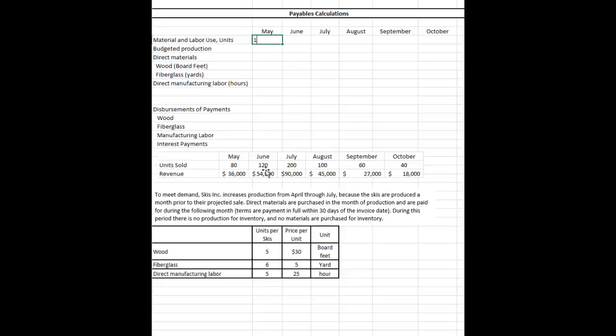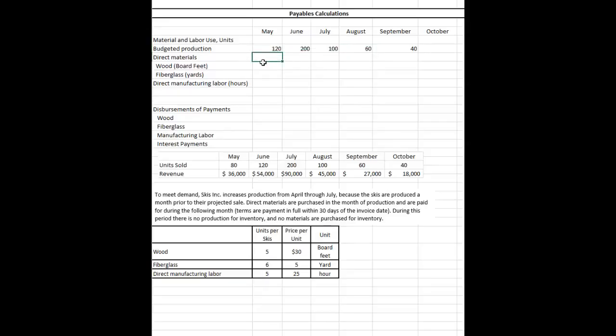These 120 sets of skis I'm going to sell in June, I'm going to make in May, and in June I'm going to be producing the July skis, and in July I'm going to be producing the 100 August skis, and in August I'm going to be producing the 60 September skis, and so on. So this actually should probably go down here, budgeted production.